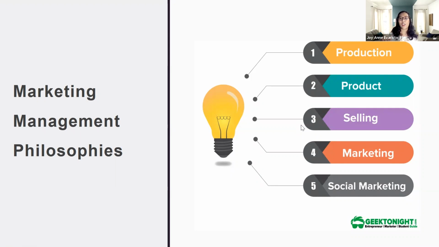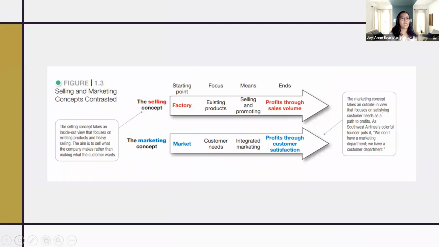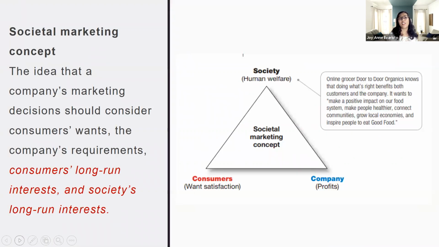The 4th and 5th are in these slides. This is the marketing concept as contrasted to the selling concept, and this one is the societal marketing concept. Some of you, I will also call, 5 students to discuss these 5 things. So please be prepared for an online discussion on our next meeting.